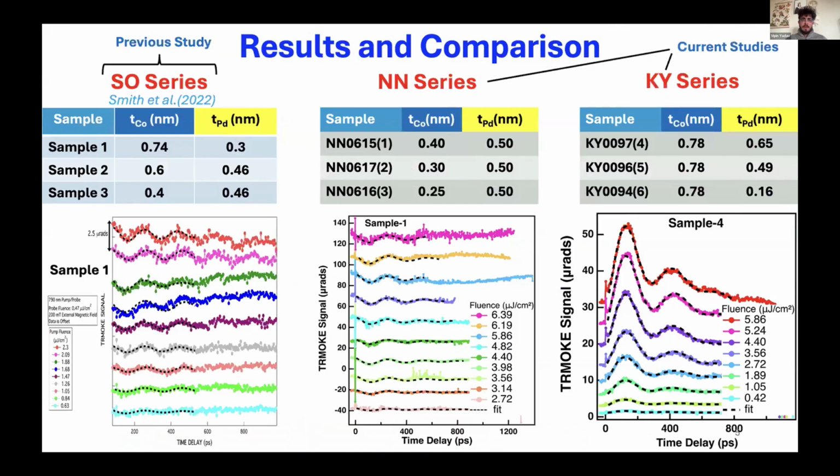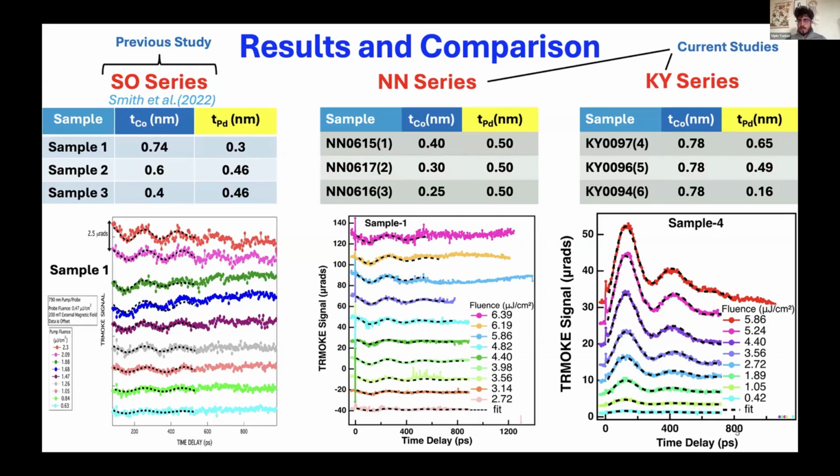So to give you a brief idea of the TR-MOKE results we got from our samples, I have put 3 series here. The first one, the SO series, is from one of our previous students from our group who graduated, and he worked with varying both cobalt and palladium thickness. The graphs shown here show TR-MOKE signal response versus time delay as a function of fluence.